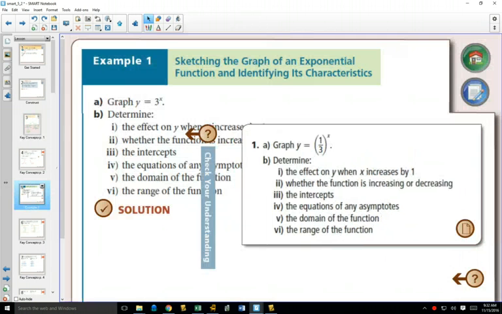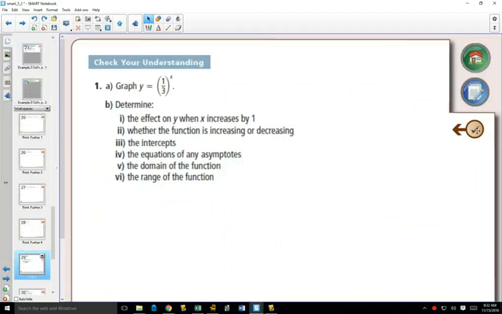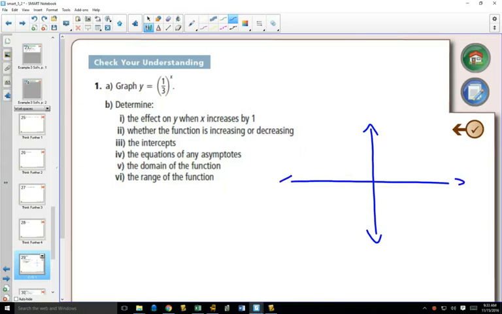Happens to be that the one off to the side is the one that's not quite as common, one with a fraction. So here we have an exponential function. It's the basic one with no transformations. We set up our axes. We know that for every single exponential, we will always have 0, 1.